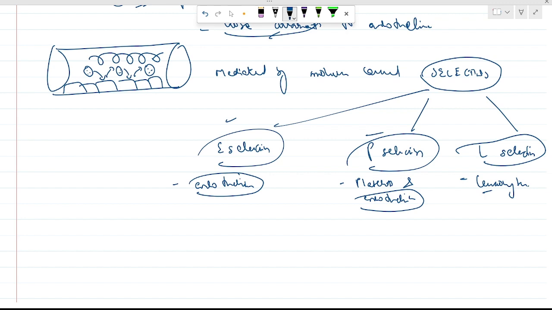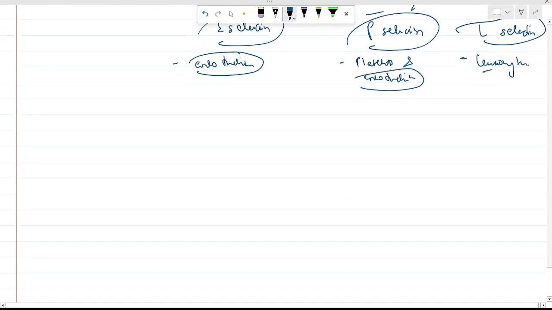So to see the process of this rolling, first there is this leukocyte, a multinucleated structure.